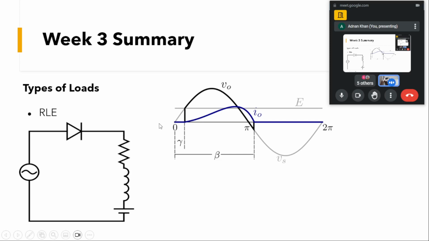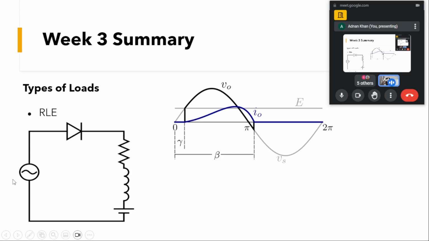Here you can see there will be some potential applied to this cathode, which depends on this E part. If you can see this straight line that has been traced, it is the E portion. Let us say it is 10 or 20 volts, and we have a sinusoidal single phase supply applied at the input.